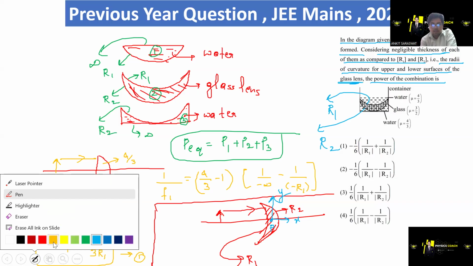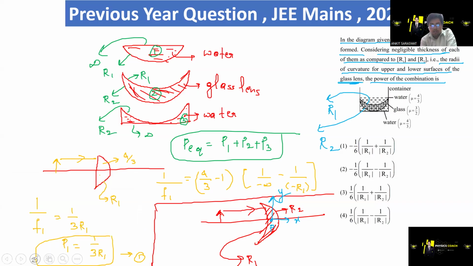Now see how much is the power 1 upon F2. Light is going from here to glass. 1 upon R1, that is minus R1, minus minus R2.